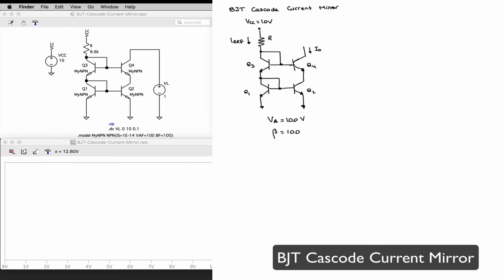Hello, and finally we get to the Cascode current mirror, which consists of 4 transistors connected in a Cascode configuration. And we can calculate the value of our resistor to set the reference current IREF to 1 milliamp.